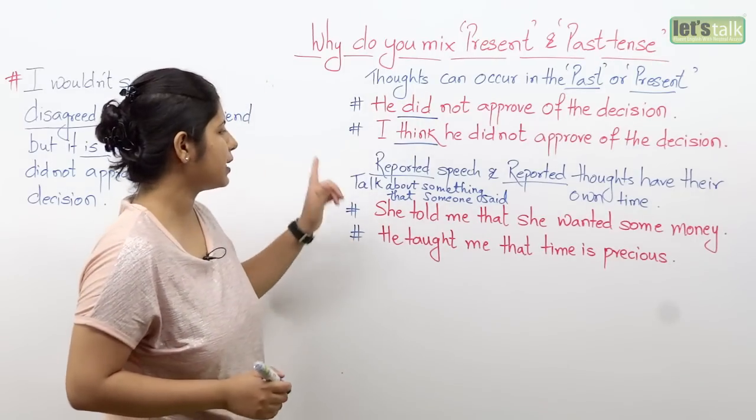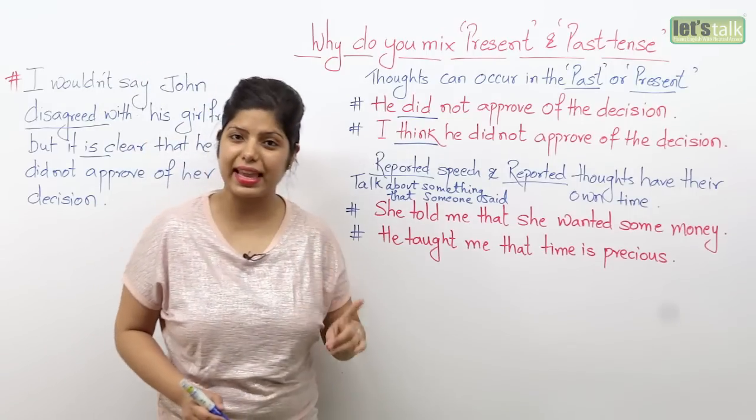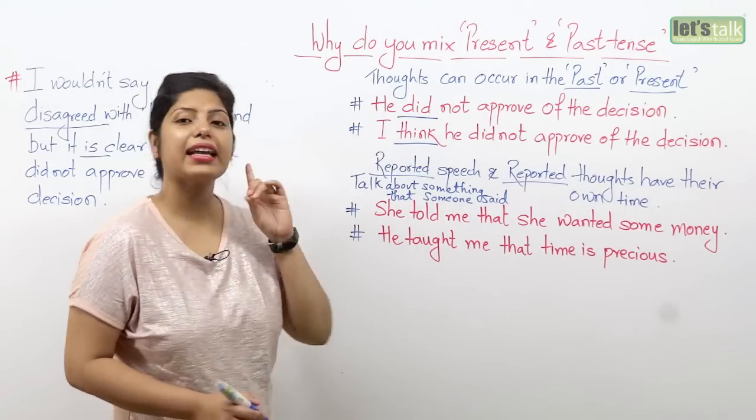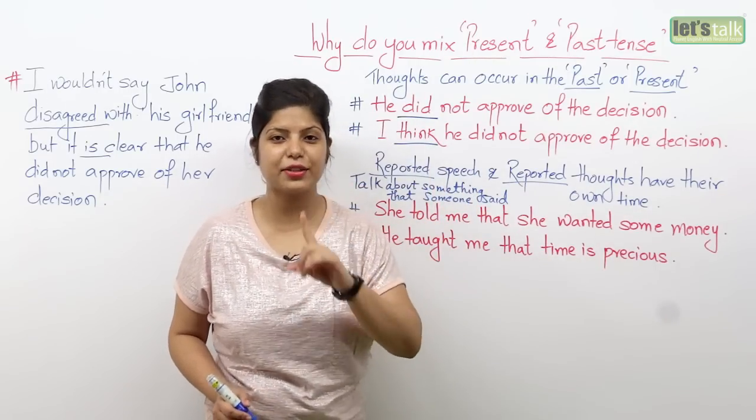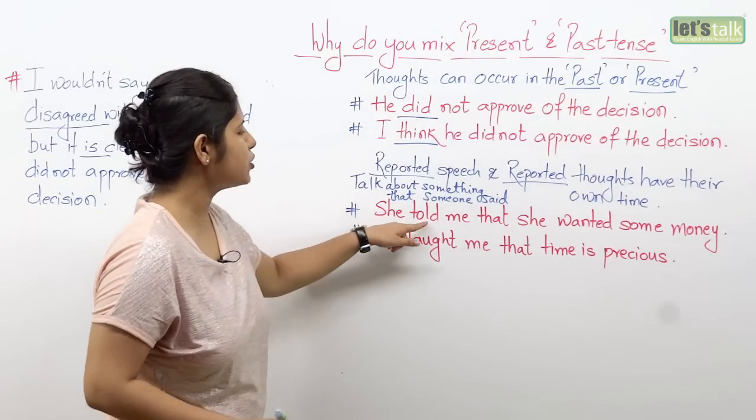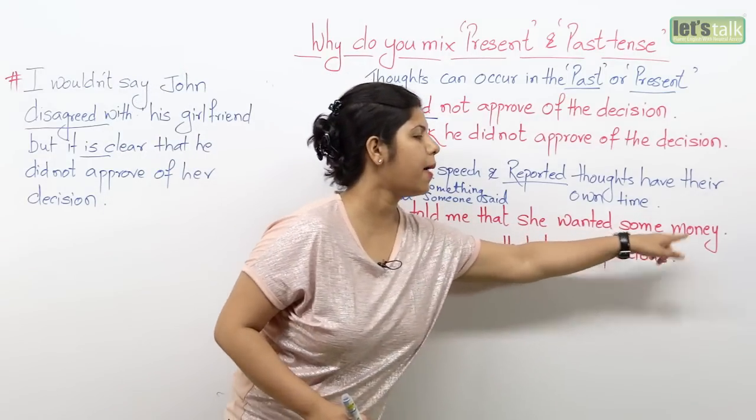So that means that when I talk about something that someone said, alright, either I can use the time when they spoke about it. Okay, so for example, let's look at this sentence. She told me that she wanted some money.